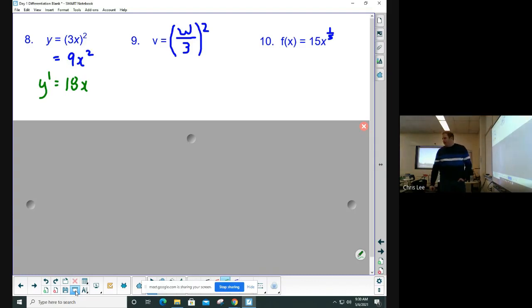In this case, in 2, what I might imagine instead of this is that this can be rewritten as 1/3 w squared. Okay, so dividing by 3 is the same as taking 1/3, just like dividing by 2 is taking a half. So I'm going to rewrite it like that. Squaring something in brackets means that everything gets squared.